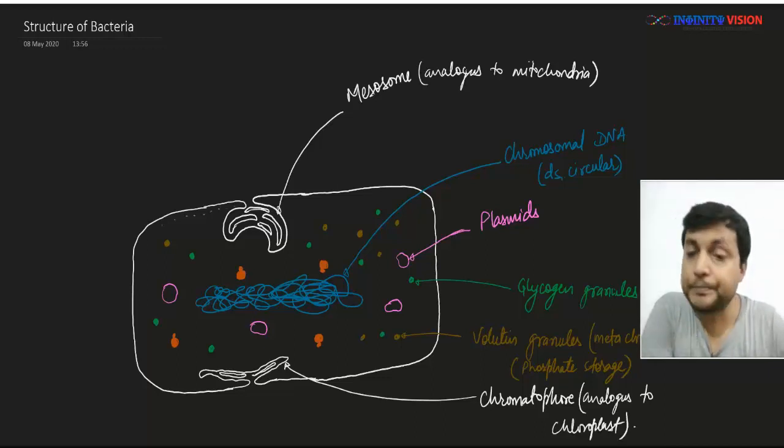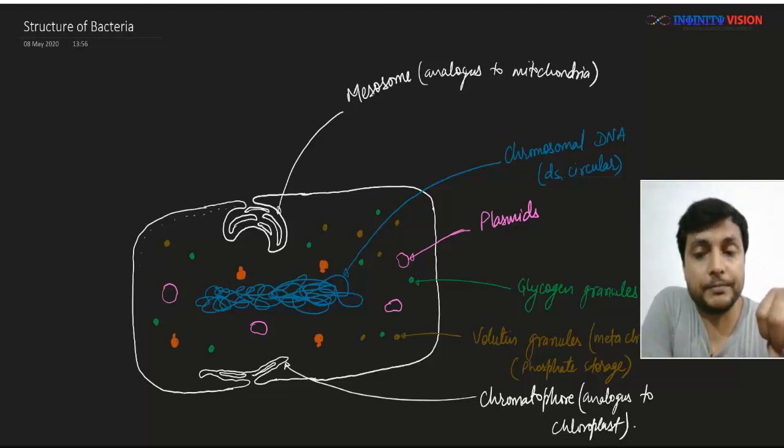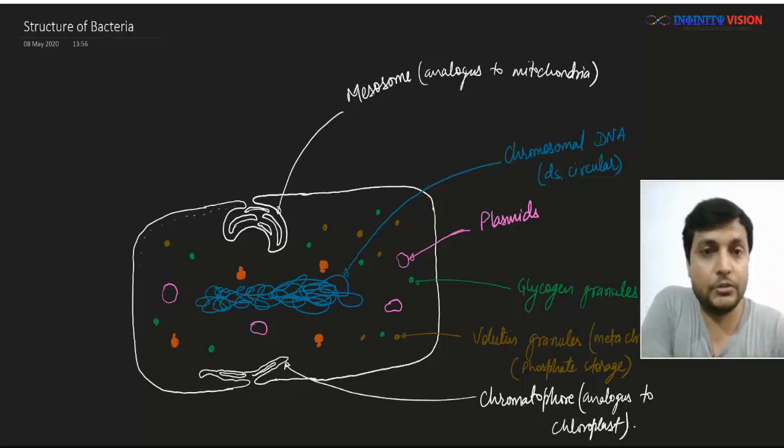These are the various organelles found in a prokaryotic cell, or in a bacterium. Bacterium is singular, bacteria is plural, so never write bacterias. Bacteria is already plural.